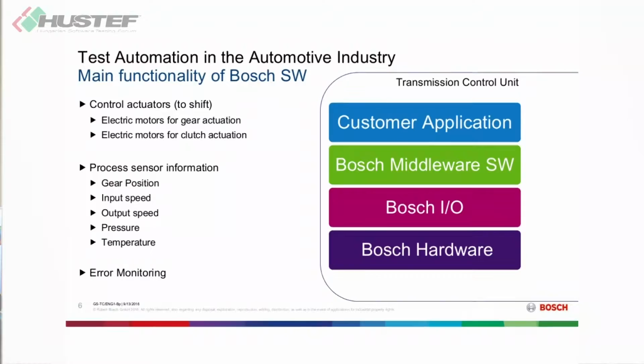So how could a customer application know when to shift, how to shift? Through a lot of data, which we gain from sensors. And then one of the most important parts is error monitoring. Okay, so these are the main functionalities of the software. Besides that, there are plenty of other fields, but this is the core.